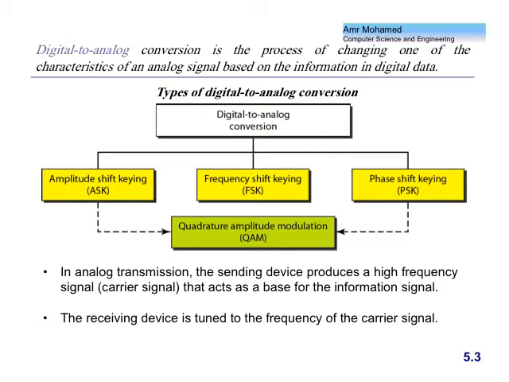So the sending device produces a high frequency signal, which is based on the sine wave, and we call this a carrier frequency. This is the carrier frequency. The receiving device will then use some kind of a frequency detector to try to recognize whether this frequency represents 0 or 1.